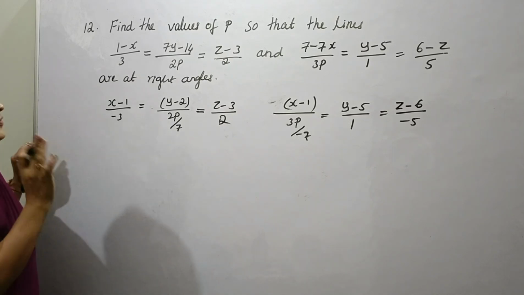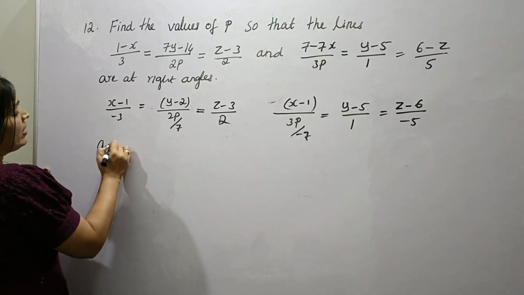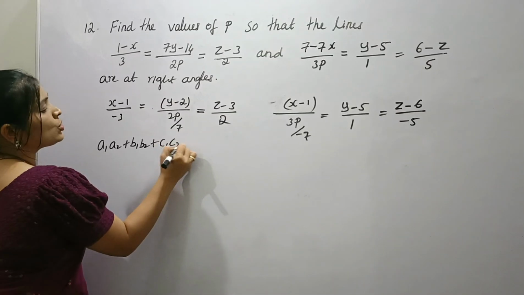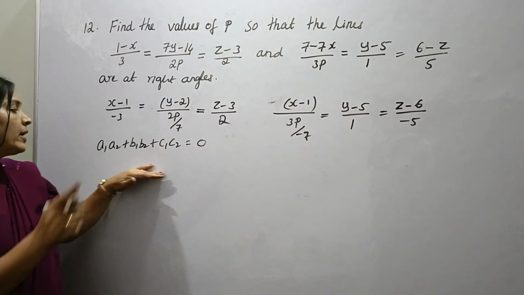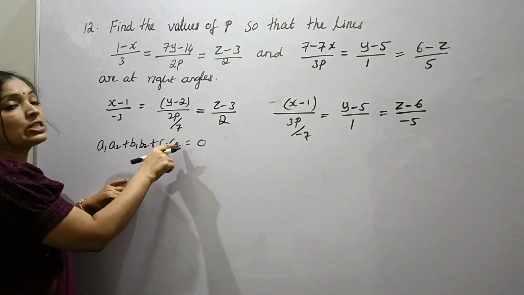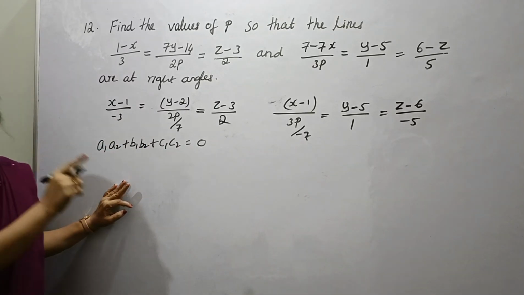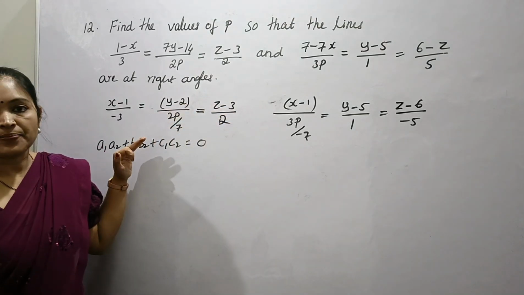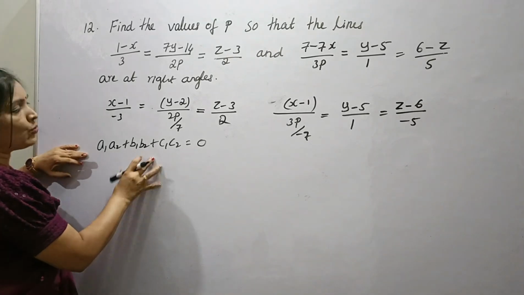We know that if two lines are perpendicular, then A1 A2 plus B1 B2 plus C1 C2 is equal to 0, where A1, B1, C1, A2, B2, C2 are the direction ratios of these lines.